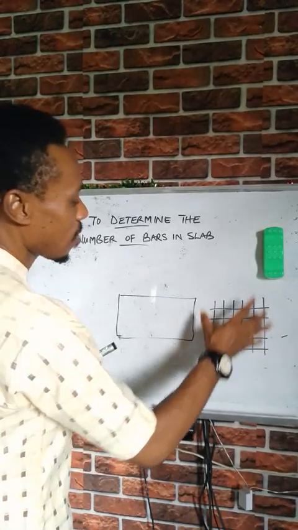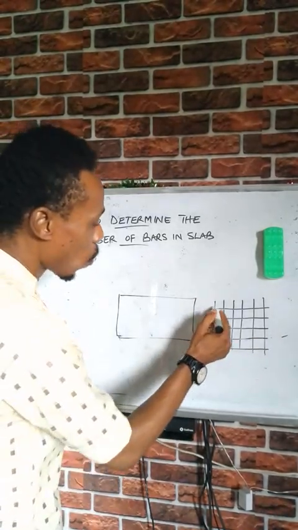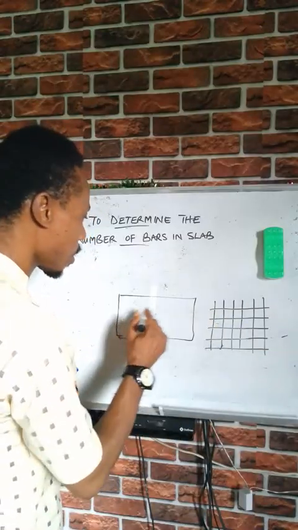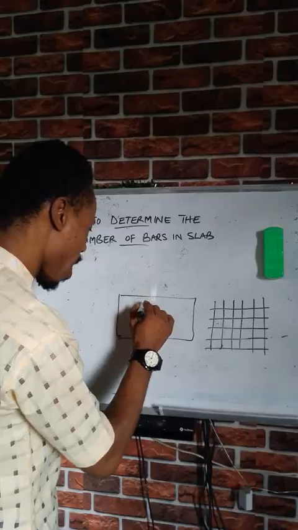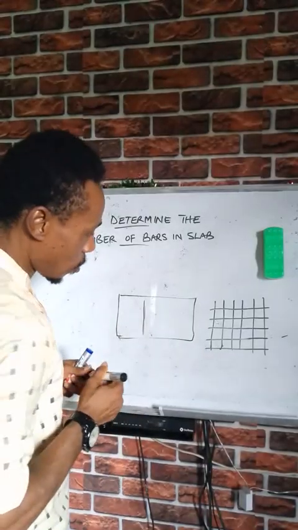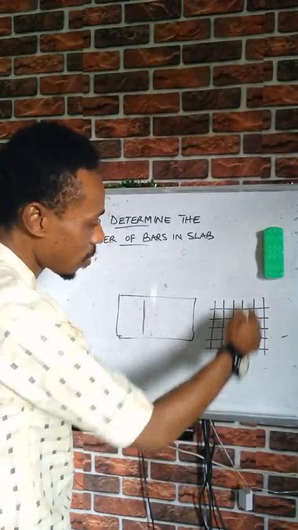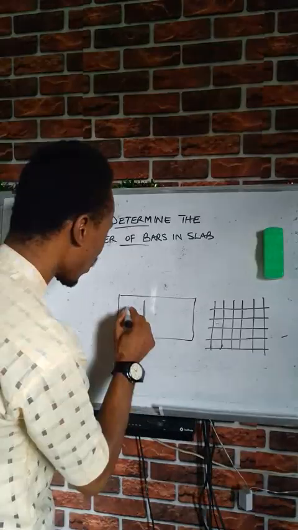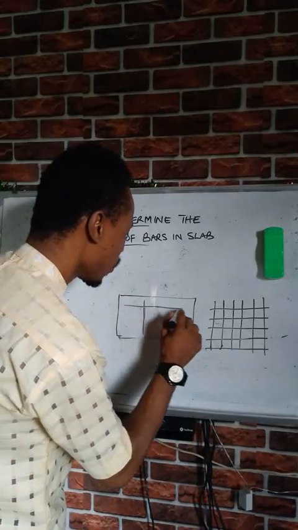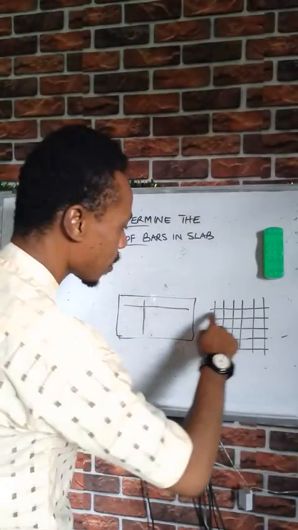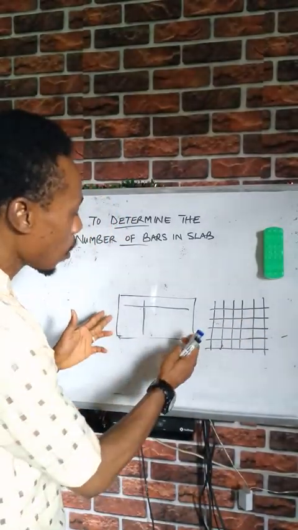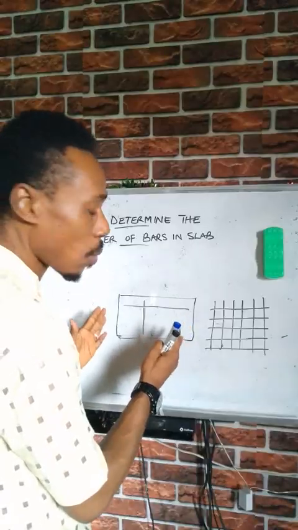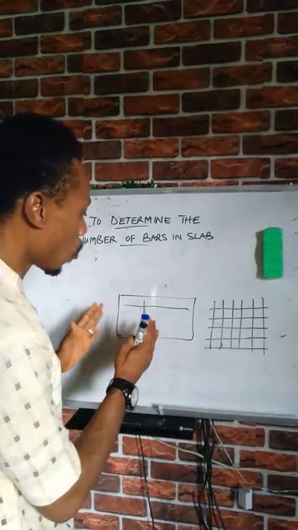So instead of having this, we can use one line like this to represent this vertical reinforcement, then another that runs this way to represent this horizontal reinforcement. This is how it is expected to be presented in our detailed drawing.